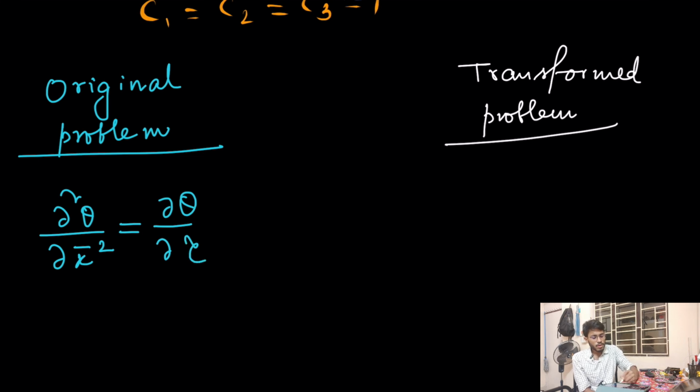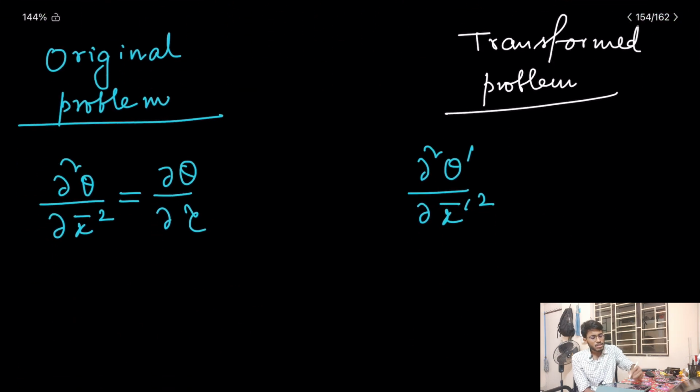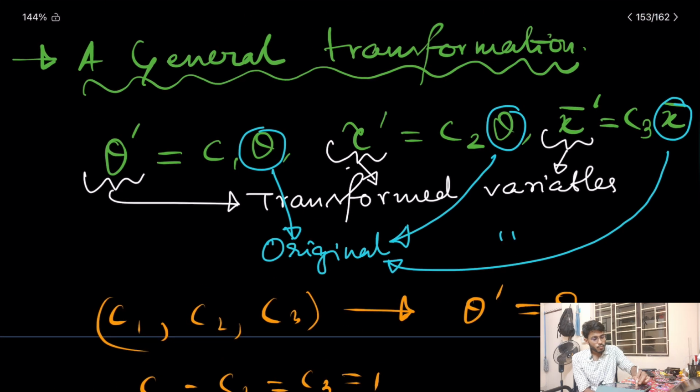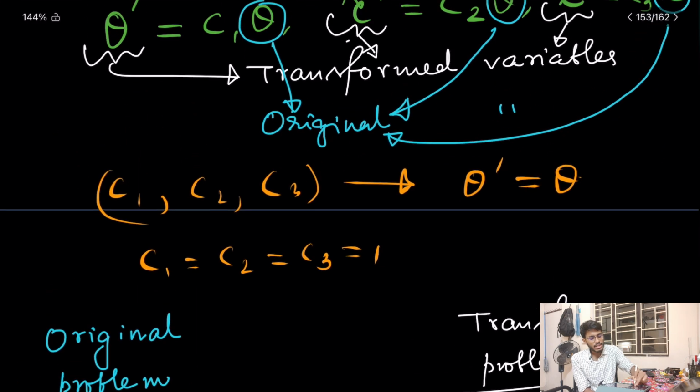Now if I write the governing equation for the transformed problem, I have to multiply 1 by C1 here, and 1 by C3 square in the denominator. So ultimately it will become C3 square by C1 is equal to, okay, are you understanding?